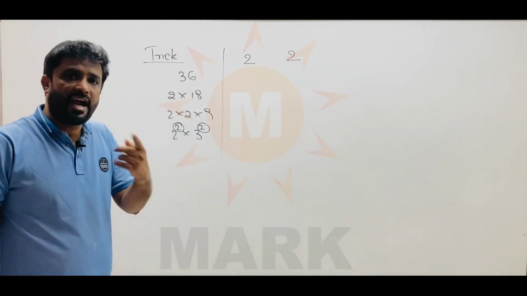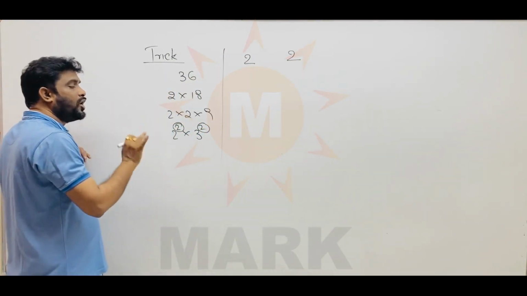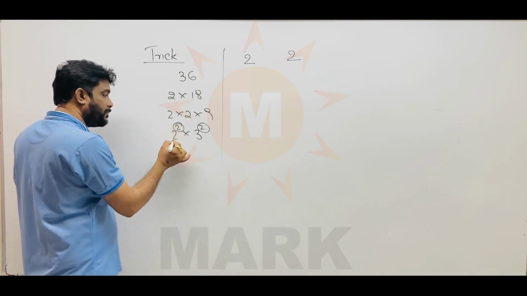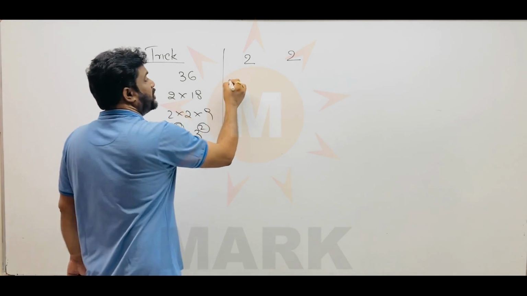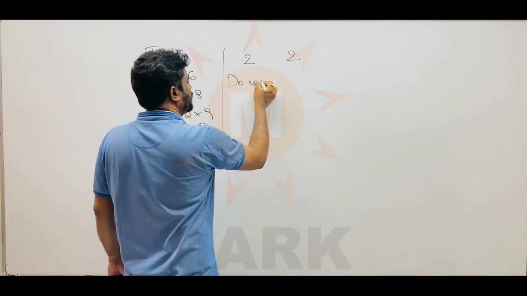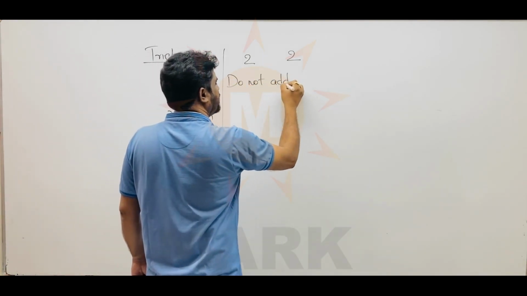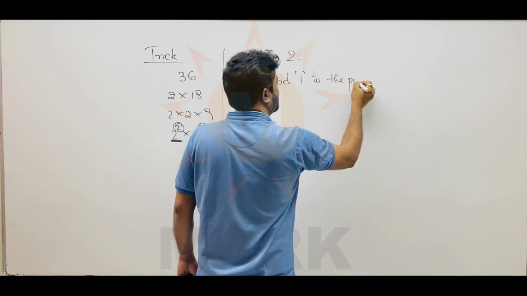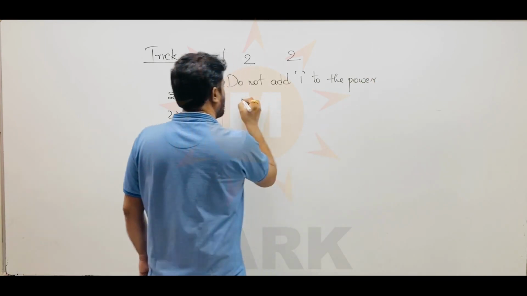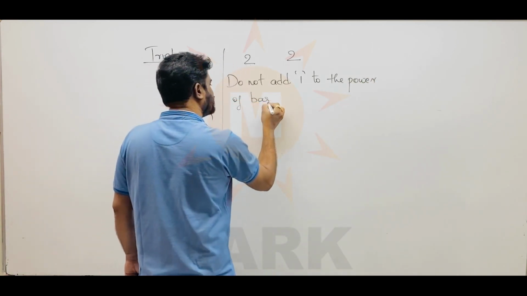Next we have to add 1, right? But we should not add 1 to the power of base 2. So clearly, do not add 1 to the power of base 2.